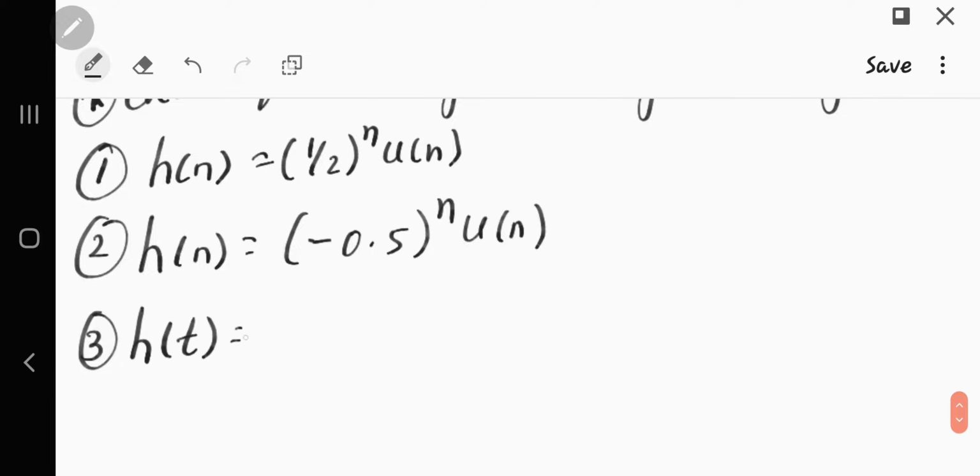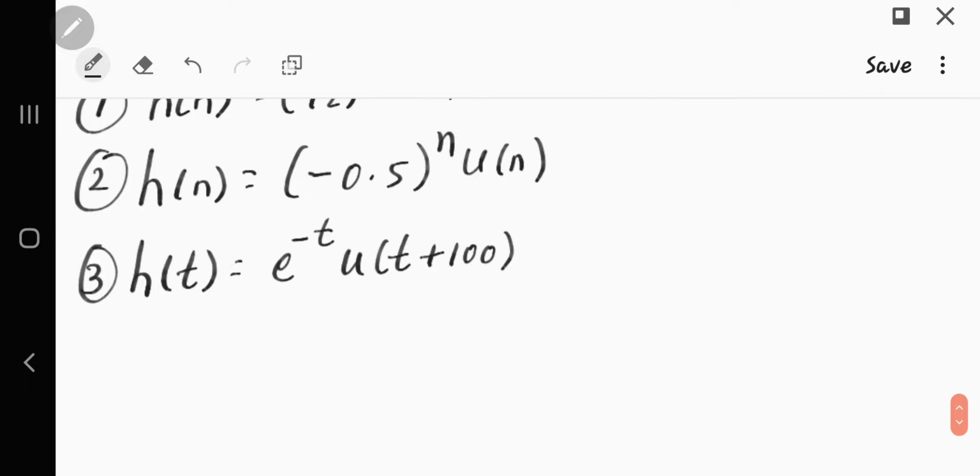Third one, take h of t is equal to e power minus t u of t plus 100.